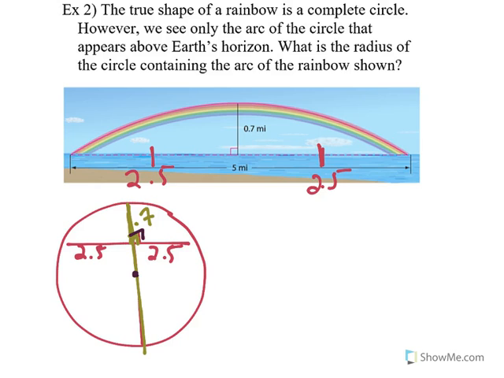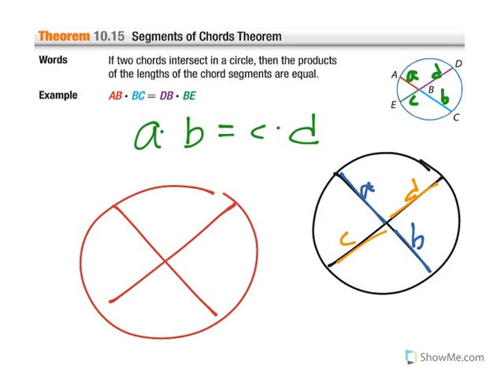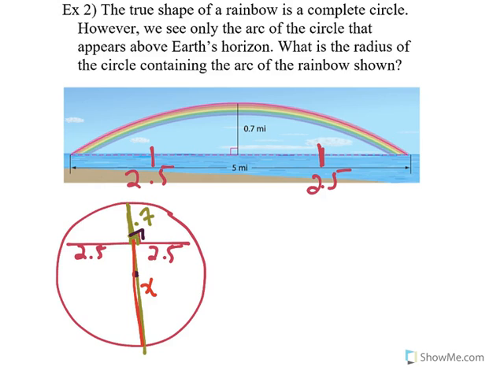So what piece do I actually want to find? I want to find this piece right here that I just marked as X and highlighted in red. How can I do that? Let's think back to our last theorem. If we have a circle and two chords intersect each other, doesn't matter if it's the diameter or not, we can multiply the two pieces on the same segment times the two pieces on the other segment, and we will get our answer.